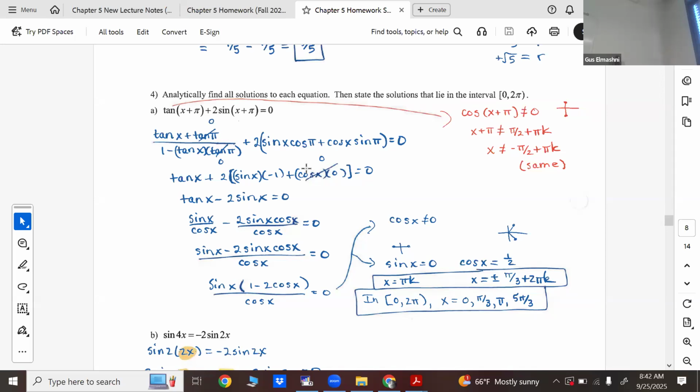Or another option you could have done too. You can move the 2 sine x to the right side, change tan x to sine over cosine, cross multiply, and then bring everything over. So let me show you another process you could have done too. Wait, how did it become pi k? I'll explain that in a moment. But for the solution part, you could have done this, right? Tan x equals 2 sine x over cos x.